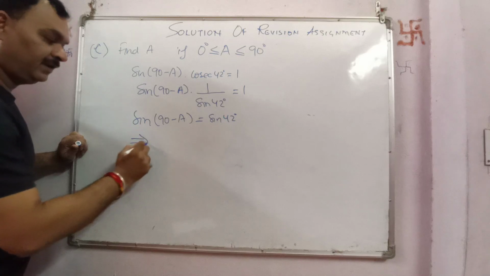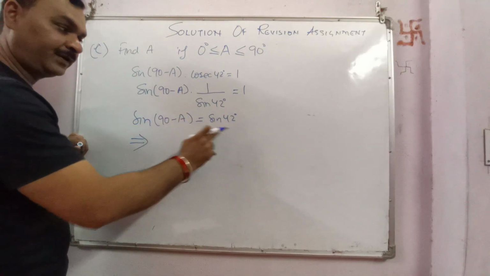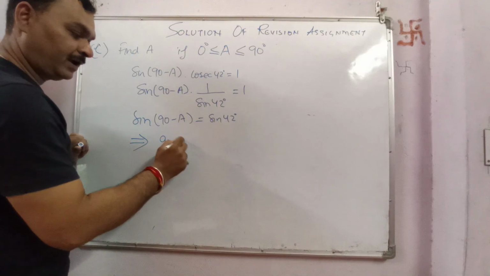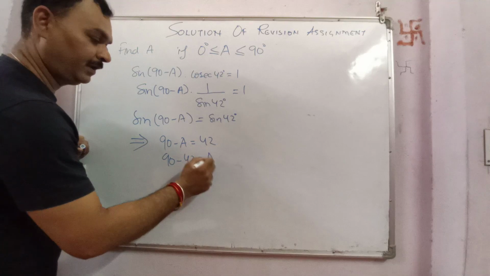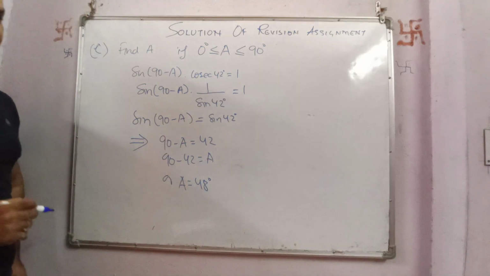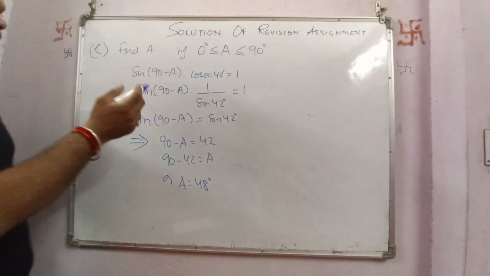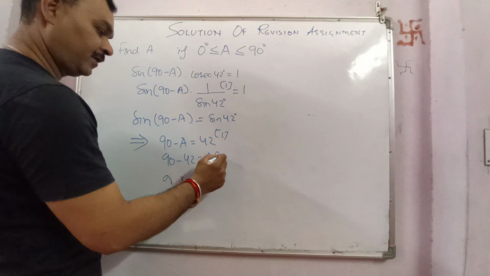Now cross multiplying, sine 90 minus A is equal to sine 42. Here we can easily compare now, because both the sides have the same trigonometric ratio. Now 90 minus A is equal to 42, or 90 minus 42 is equal to A, or we can say that A is equal to 48 degree.